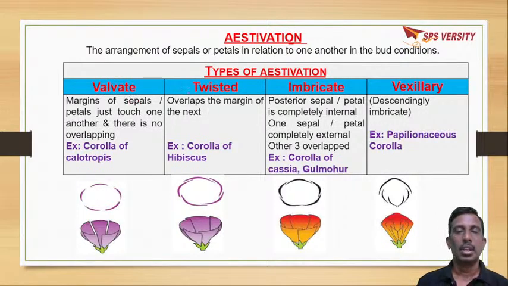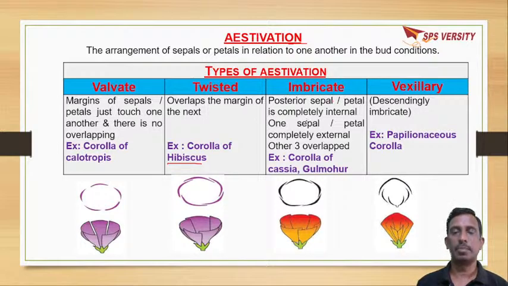Okay. And when you come to twisted estivation, a picture में देख सकते, one end of this is overlapping with another. So the margin of one is overlapping with another. It is seen in Corolla of hibiscus. Imbricate estivation.